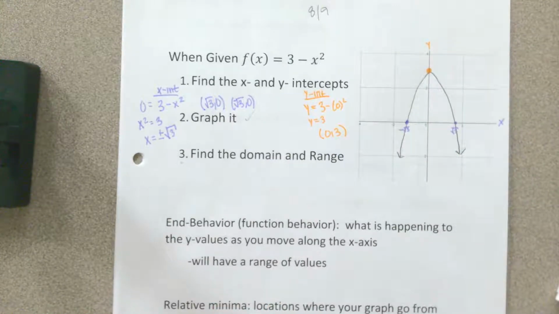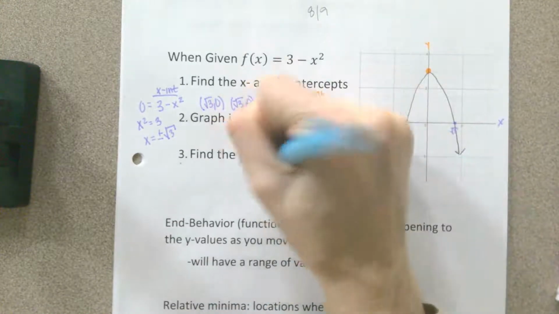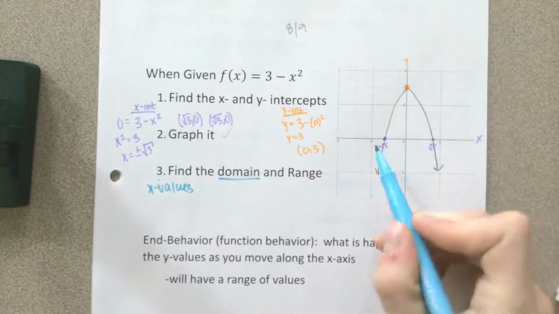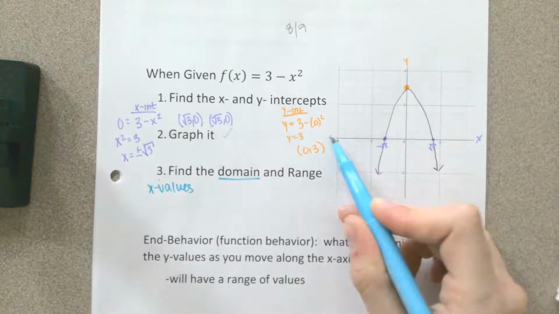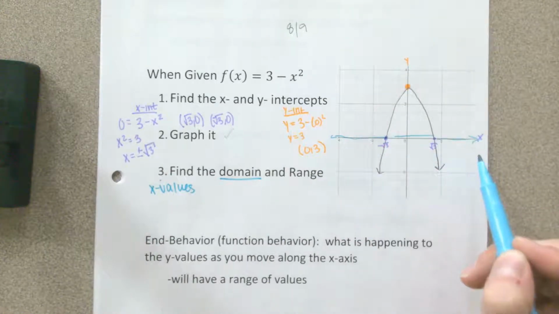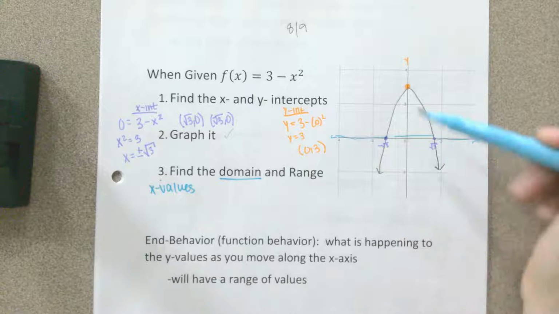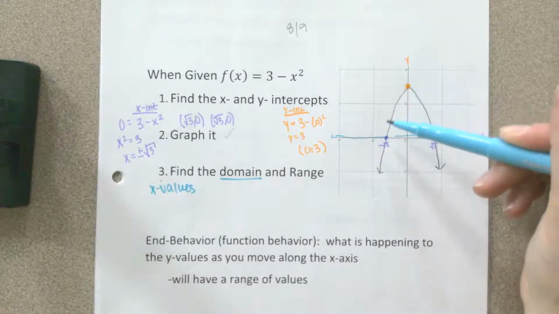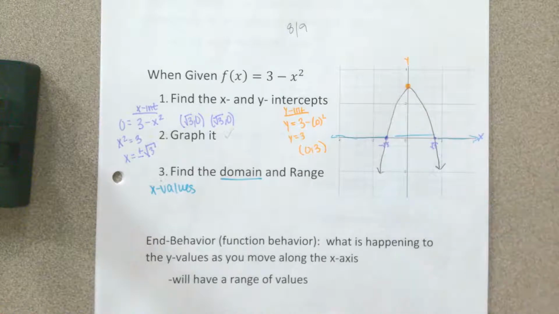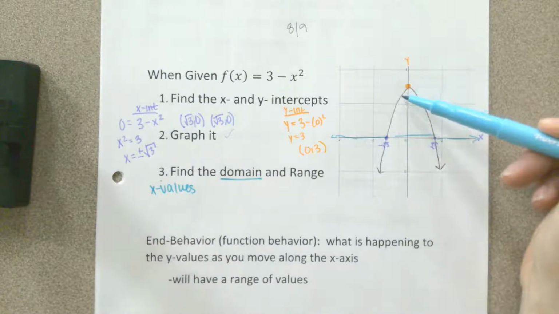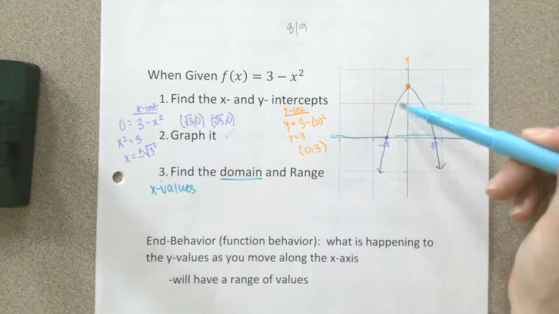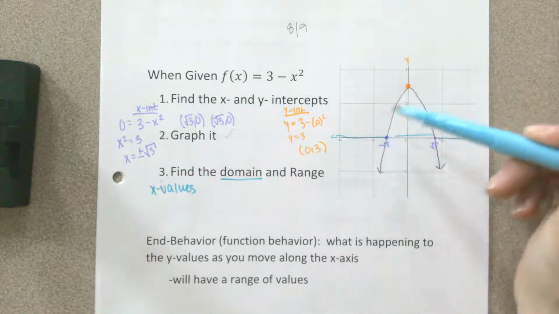Find the domain and range. So my domain is my x values. So moving along left to right, the x axis, okay? If we continued to take this parabola to negative infinity, it is continuously, slowly moving in the more negative direction, right?